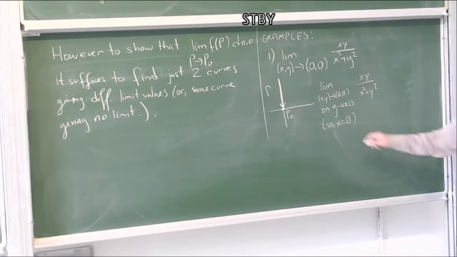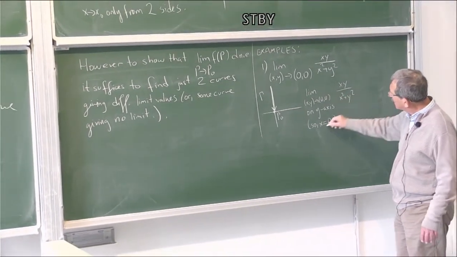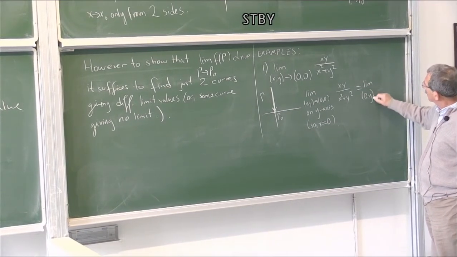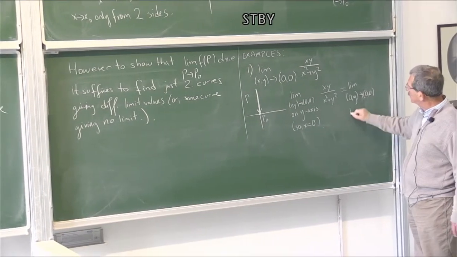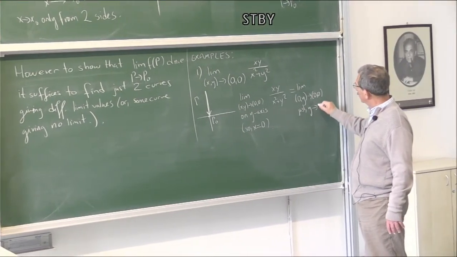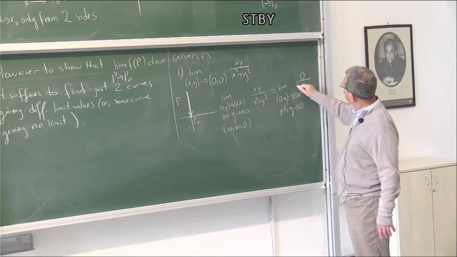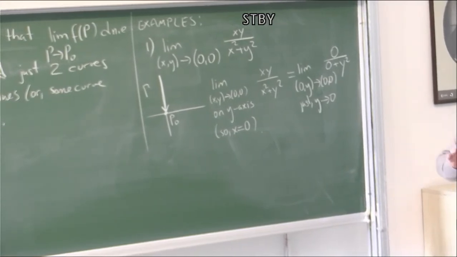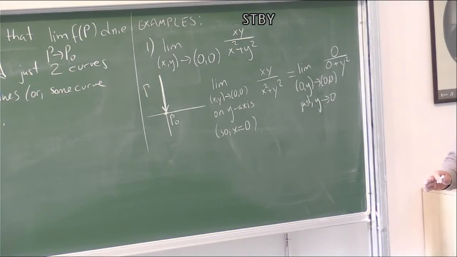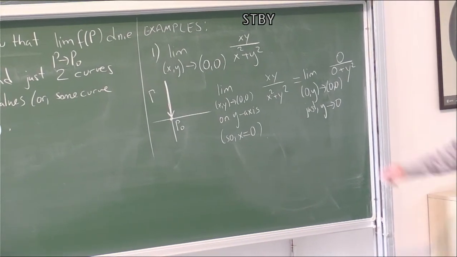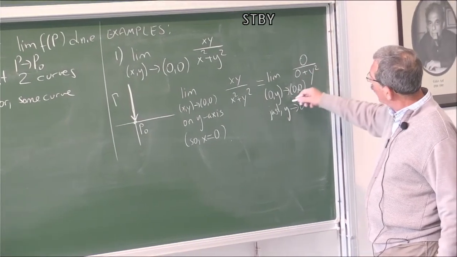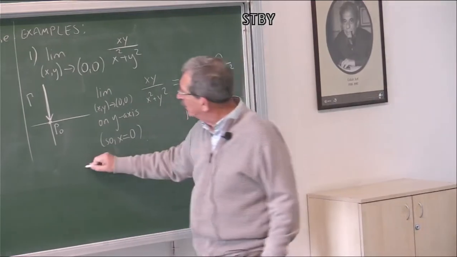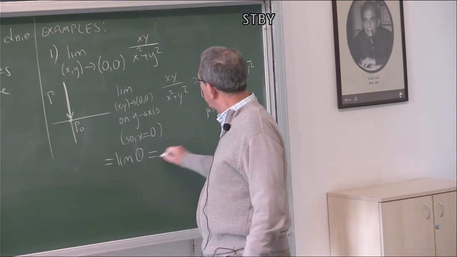This is the same as the limit as y goes to 0 of 0 divided by 0 plus y squared, because x is 0. x is not going to 0, it is equal to 0, so it's not a limit in x. But y goes to 0, so y is not 0, which means that the ratio is 0, so it's the limit of 0, which happens to be 0.